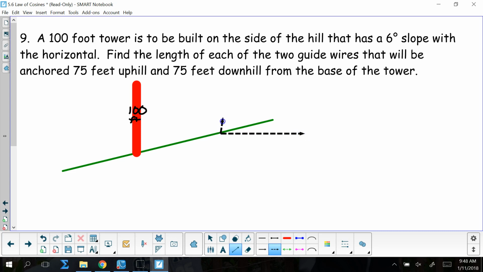So if I did a little of this action right in there, that would tell me then that this angle here is 6 degrees, right? Which means if I put a vertical tower, what is this angle in there?